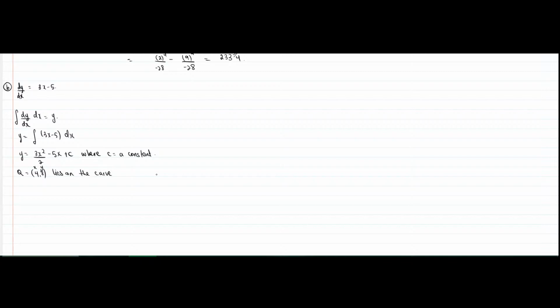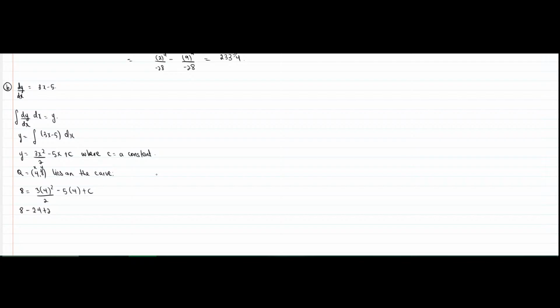All I have to do is substitute my values for x and y into the equation to get the value of c. 8 is equal to 3 into 4 squared over 2 minus 5 into 4 plus c. 4 4s are 16, 16 divided by 2 is 8. 8 3s are 24.